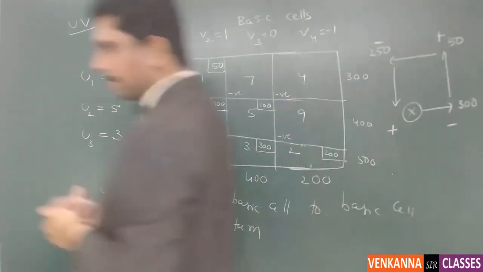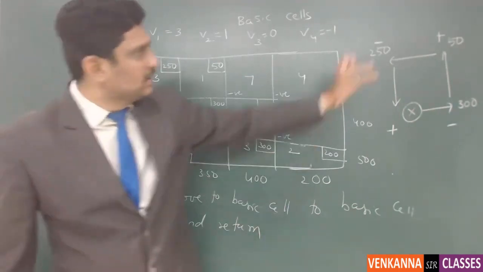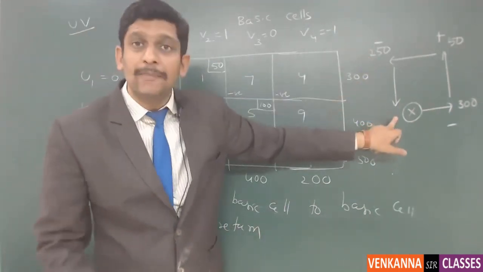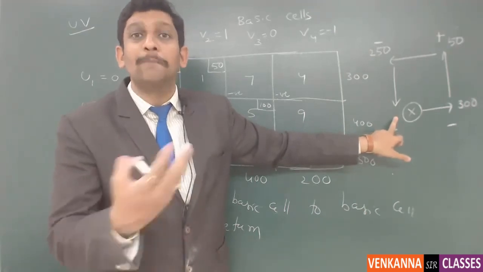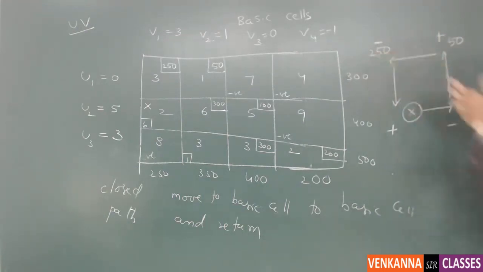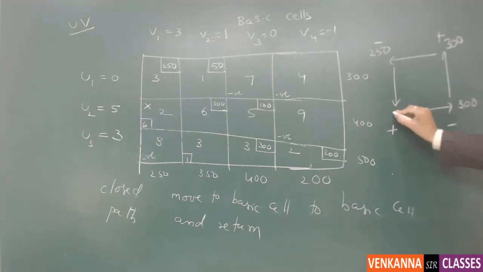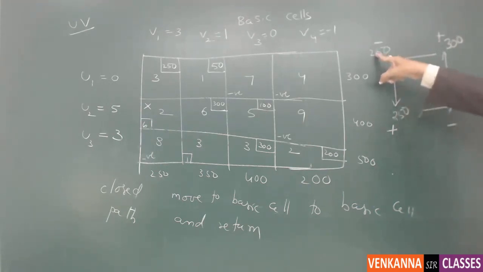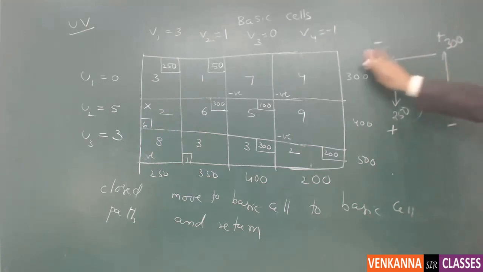Accepted? Now, this 250 is coming to my position where I want to have the improvement. And the same value will be subtracted from the negative ones and added to the positive ones. So if I add 250 here, it will become 300. It will become 250. I am subtracting 250 from the negative valued things, so it will become 0. It will become 50. Clear?